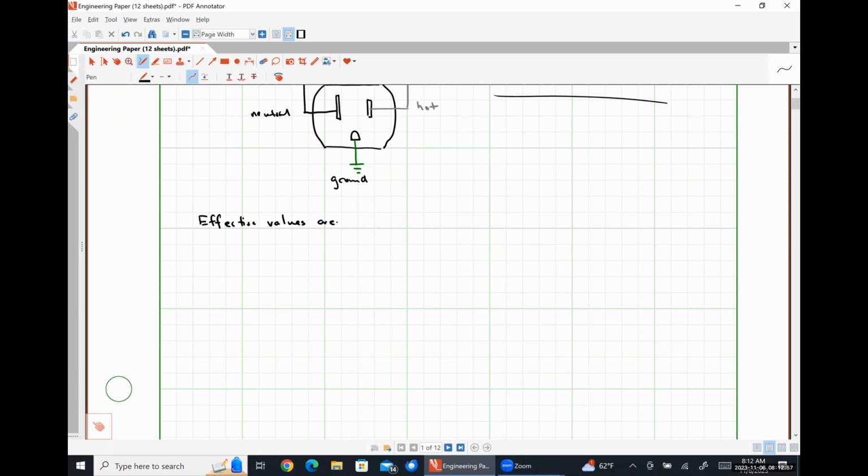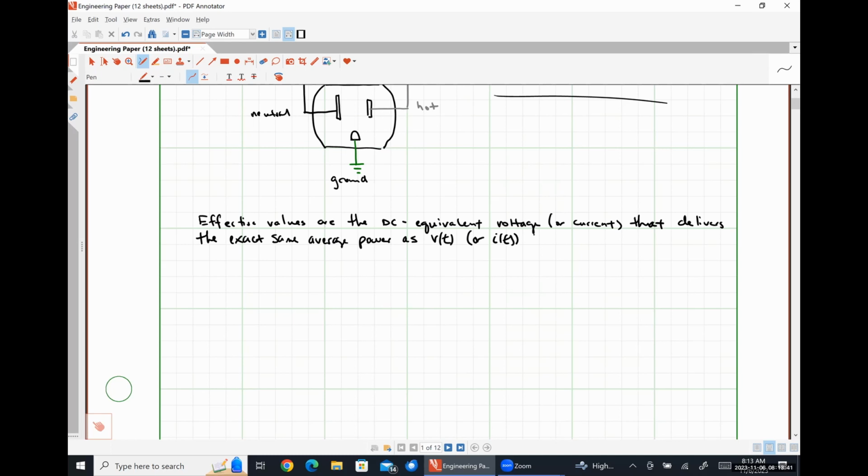So effective values are the DC equivalent voltage or current that delivers the exact same average power as V of t, or in the case of a current, I of t, to an arbitrary load.